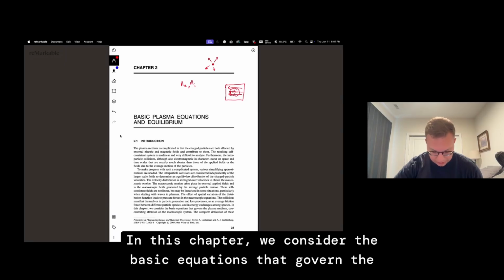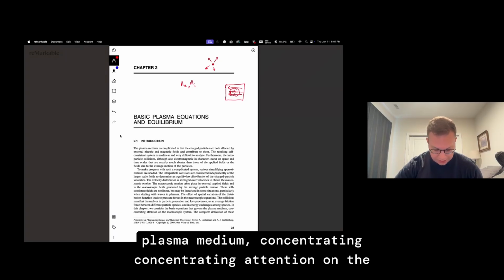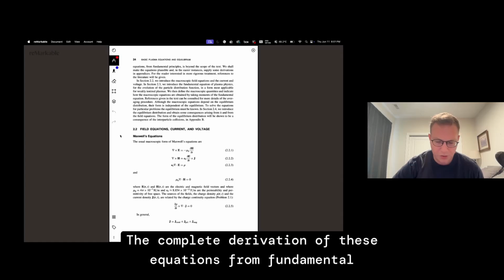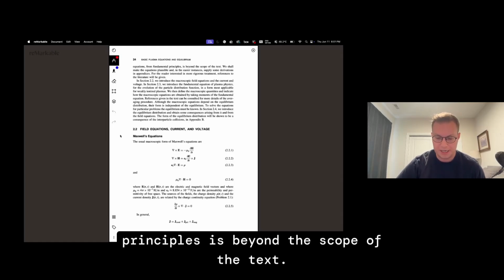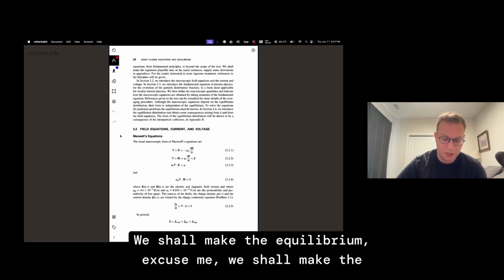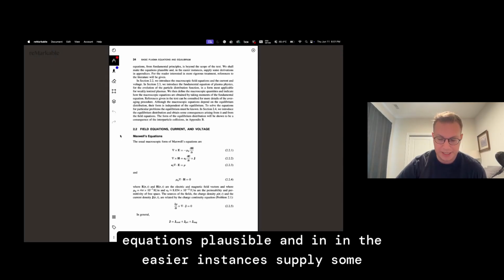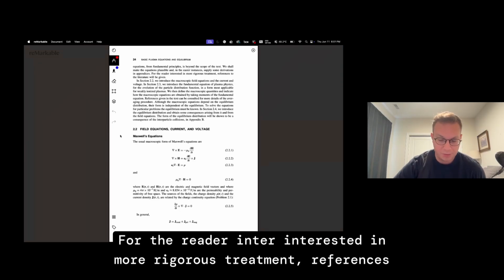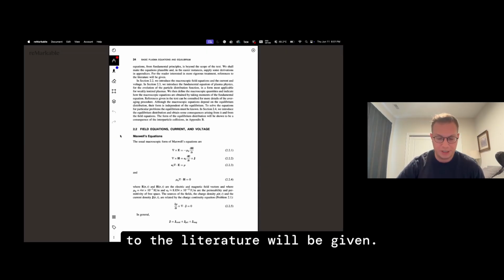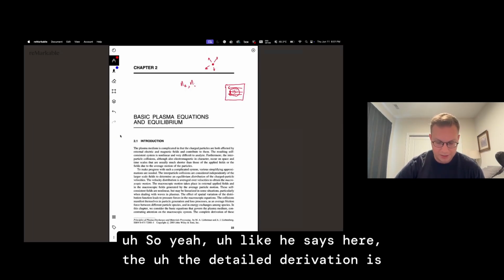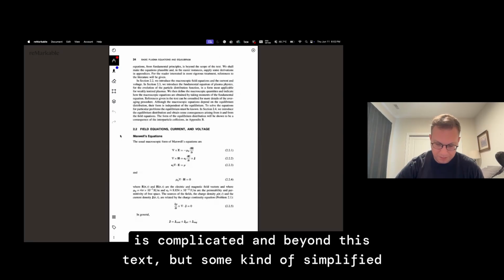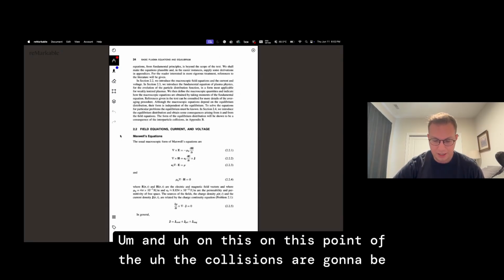In this chapter, we consider the basic equations that govern the plasma medium, concentrating attention on the macroscopic system. The complete derivation of these equations from fundamental principles is beyond the scope of the text. We shall make the equations plausible and in the easier instances supply some derivations in appendices. For the reader interested in more rigorous treatment, references to the literature will be given. Like he says here, the detailed derivation is complicated and beyond this text, but some simplified explanations will be given.